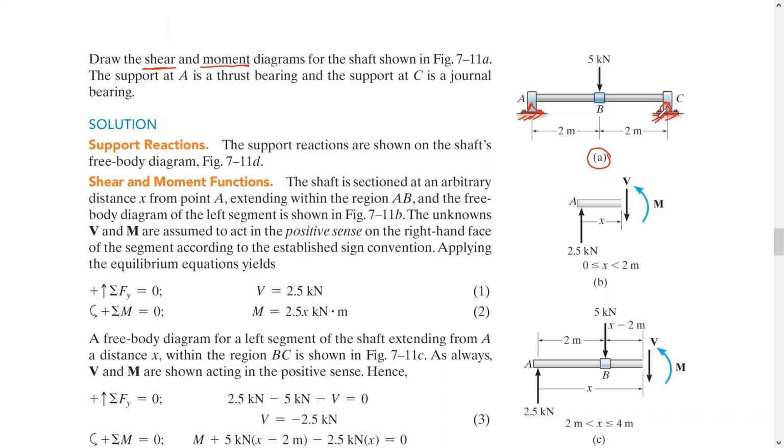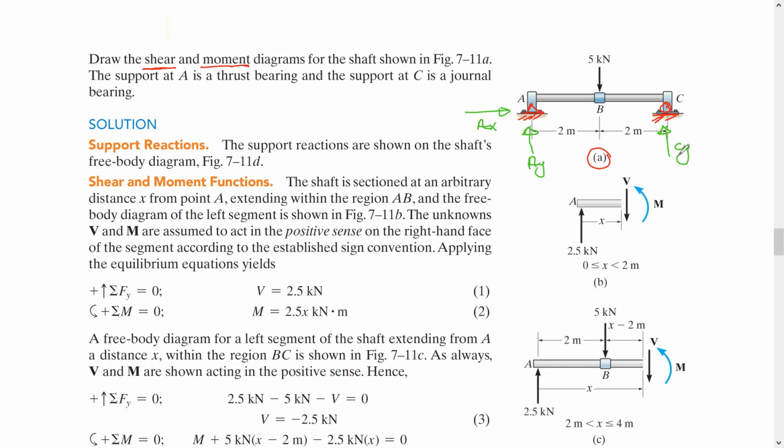So here we do have, let's say, AY and AX, but AX here will be 0 for sure. And we do have CY here.